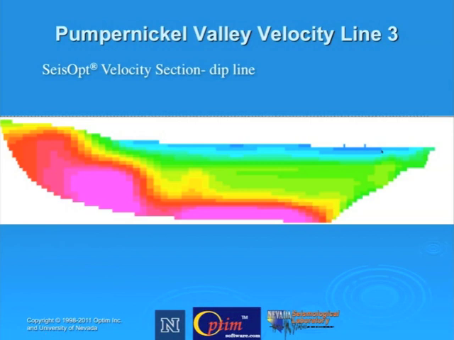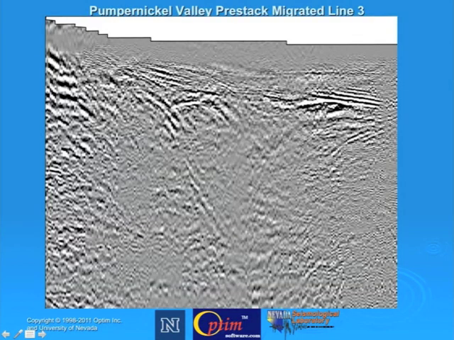But we had no problem picking the first arrivals, and we can get the SeisOpt velocity sections, like for this particular line, number 3, showing lots of lateral heterogeneity. Factors of 2 velocity increase over relatively short distances.